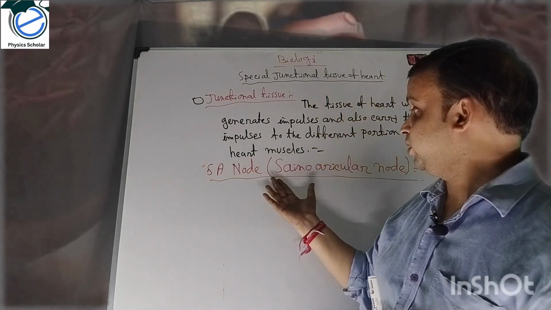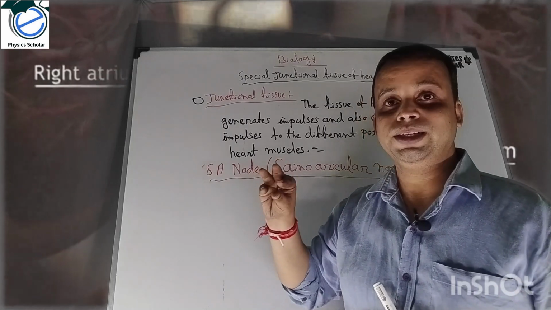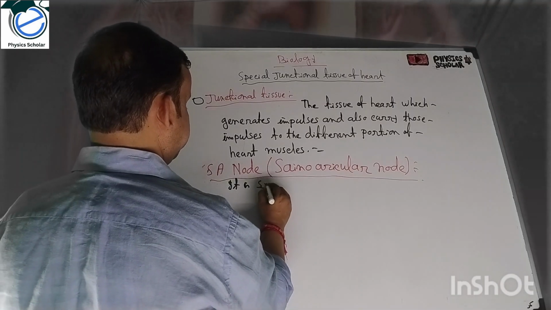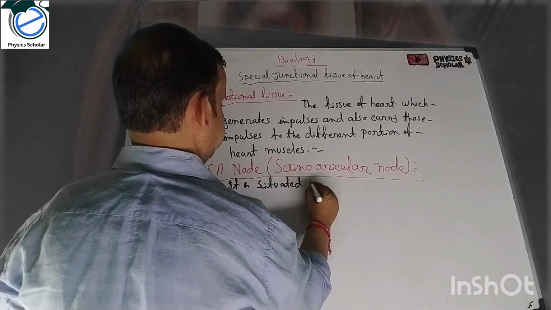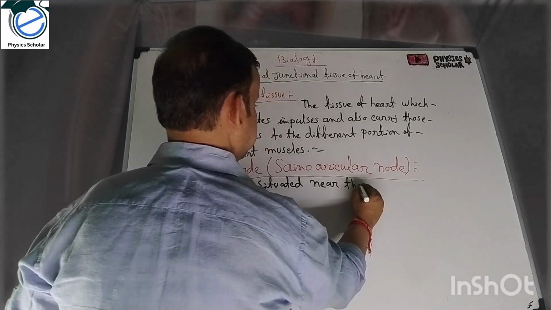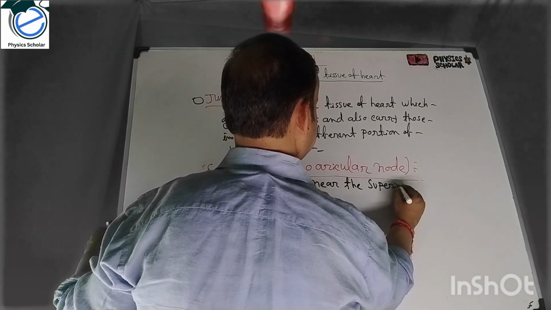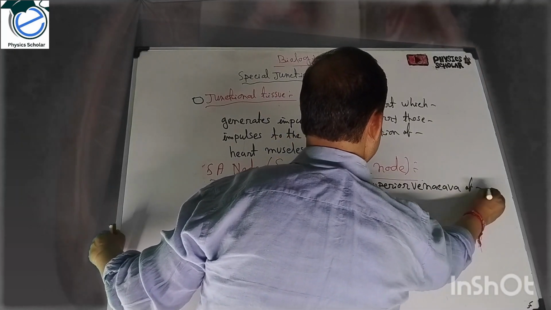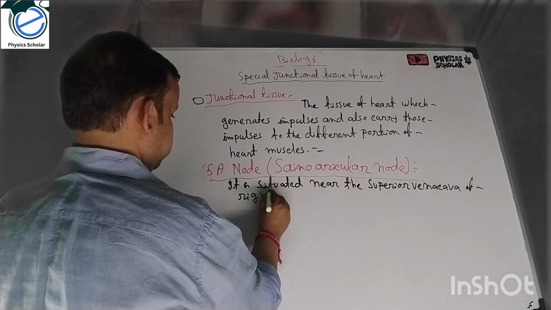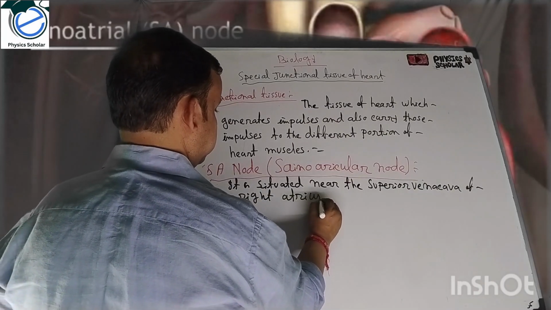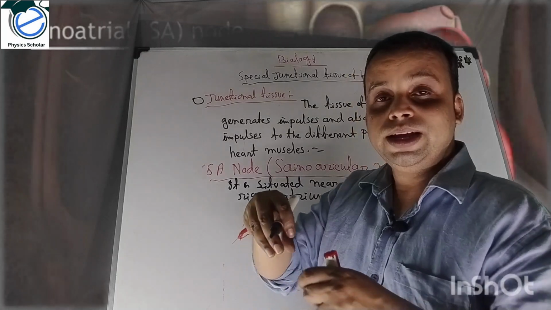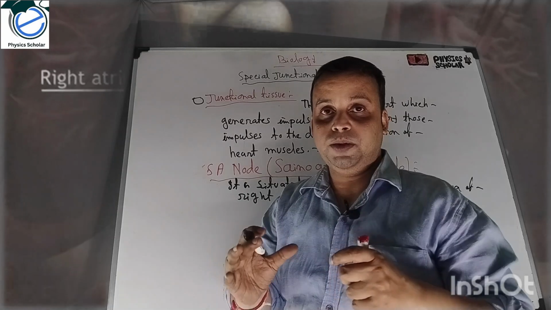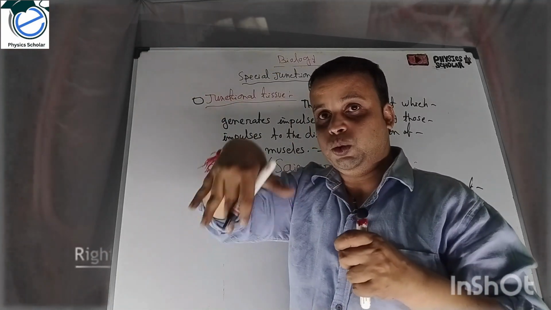So what is the SA node actually? The SA node is a muscle situated near the superior vena cava of the right atrium, where the superior vena cava opens, from where the impure blood from the upper part of the body enters our heart.